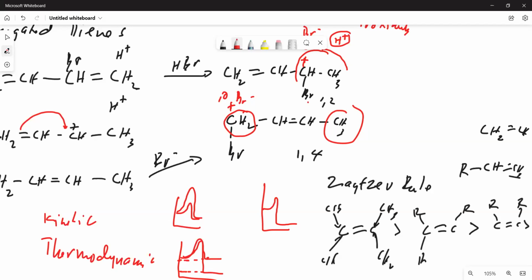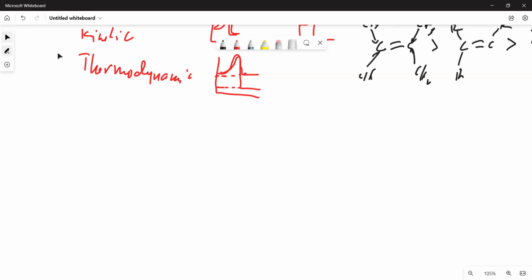But as I have said, the 1,4 is not always the thermodynamic product. Sometimes the 1,2 can also be the thermodynamic product. So for example, let's have a specific example here.